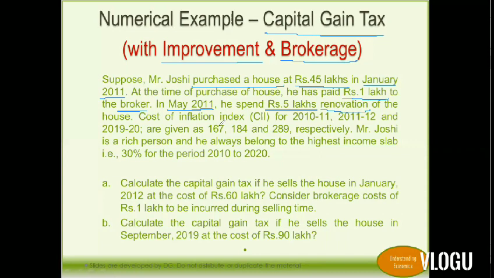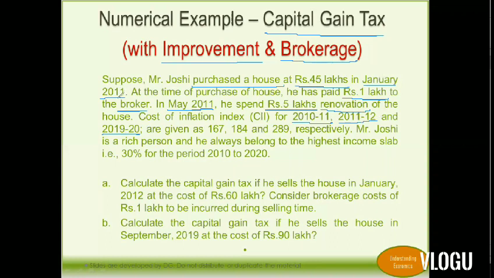Now, apart from the values, we also do have the information on the cost of inflation index, or the CII. CII for the financial year 2010-11, financial year 2011-12, and financial year 2019-20. Now look at the year of purchase. The year of purchase is 2011 and the month is January.